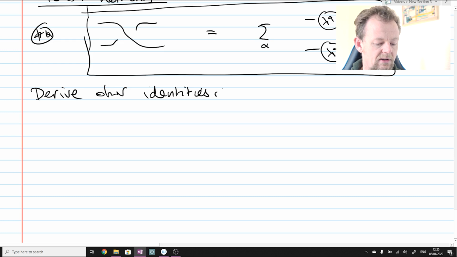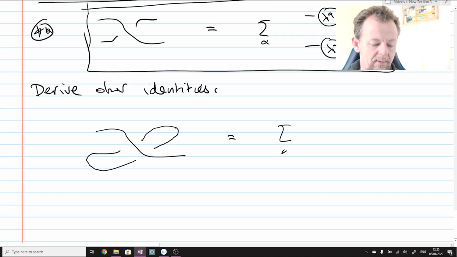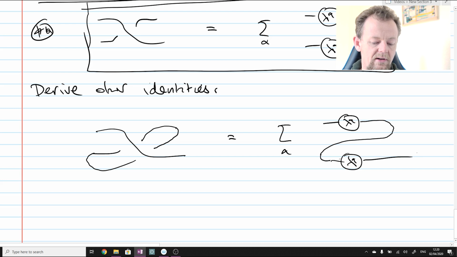One thing we can do is we can always take a true identity and hook up legs, right? We can join legs up together. So we now know, just by looking at the diagram above, that if we hook up the output to the input of the second tensor product factor, we have this identity here.